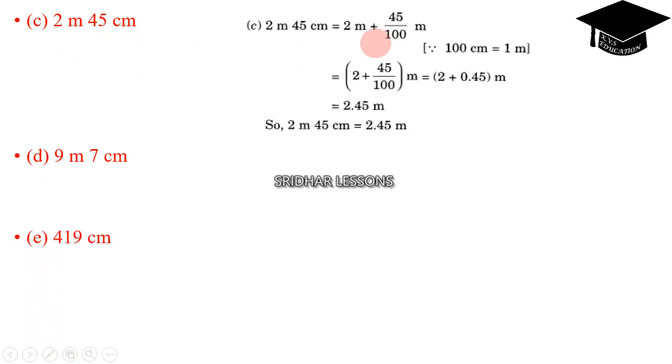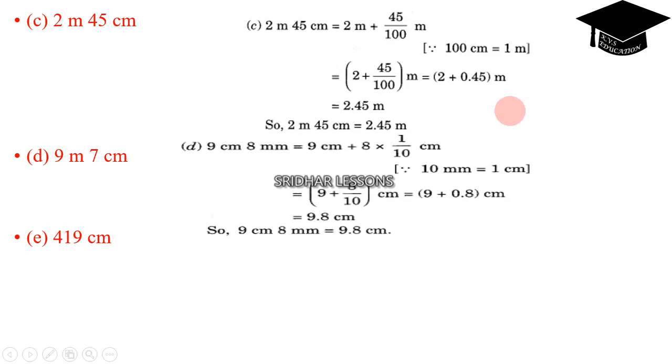Next, 2 meters 45 centimeters. We know how to do it. 2 meters plus 45 by 100. So 45 by 100 is equal to 0.45. So this is equal to 2.45 meters. 2 meters 45 centimeters is equal to 2.45 meters. Next one, 9 meters 7 centimeters. That means 9 plus 8 into 1 by 10 centimeter.